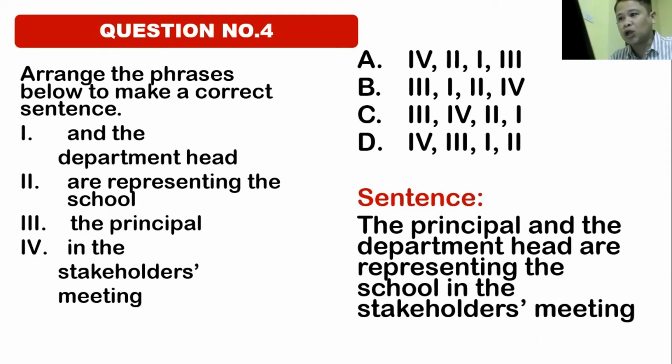So the correct answer is 3, 1, 2, 4, that's letter B. The principal, and the department head, are representing the school, in the stakeholders meeting.